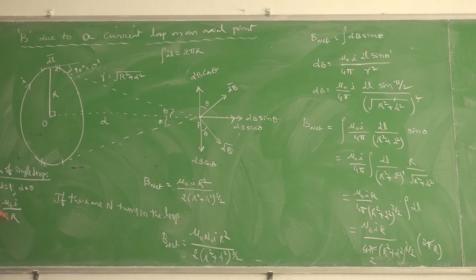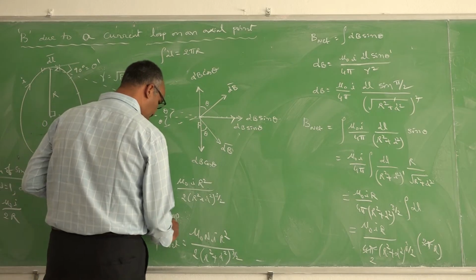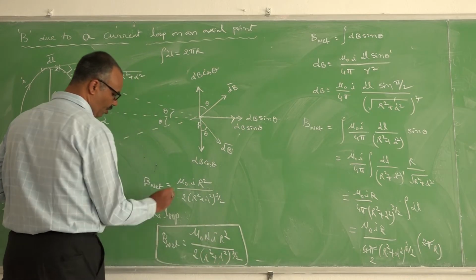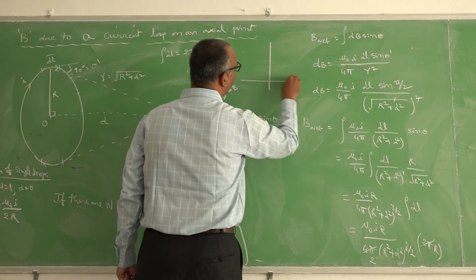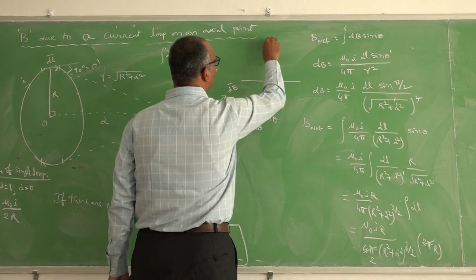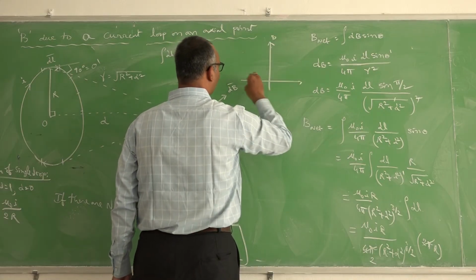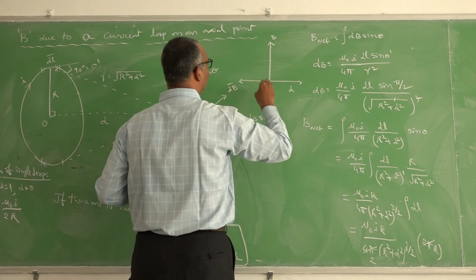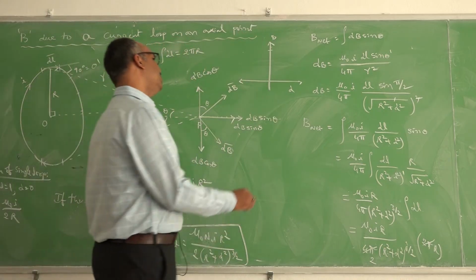You can see the magnetic field value at different locations in the form of a graph. If you draw a graph, the strength of magnetic field is here, the distance of the point small d is here, either that side or this side. You will find maximum field at the center. At the center means d is equal to 0.